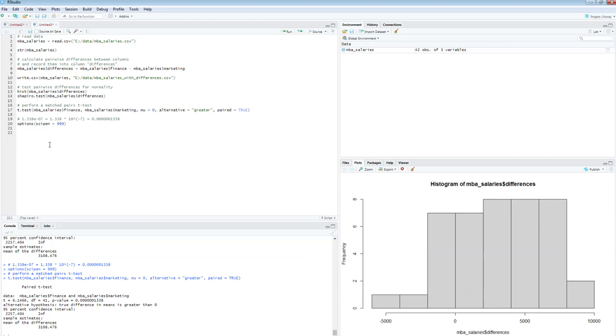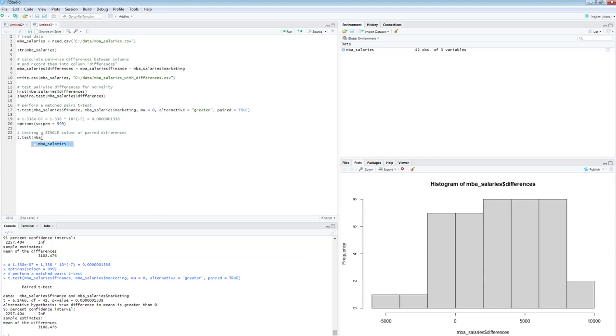Well, let's see if we can get the same result. So now I'm going to test only one column of differences, a single column of paired differences. I'm going to use the same t-test function, right? And what am I testing?